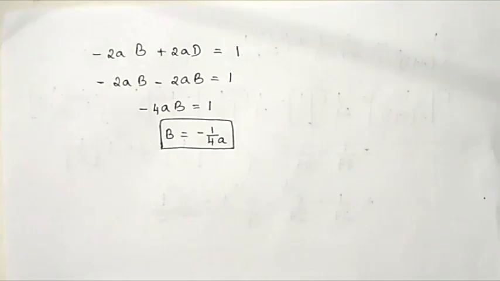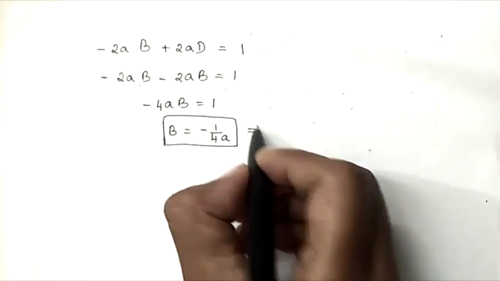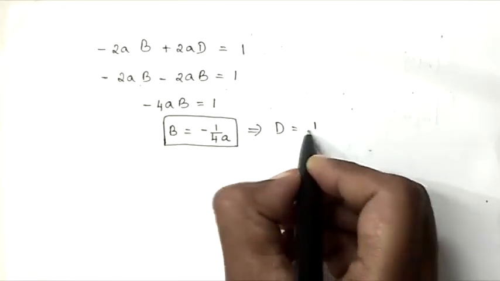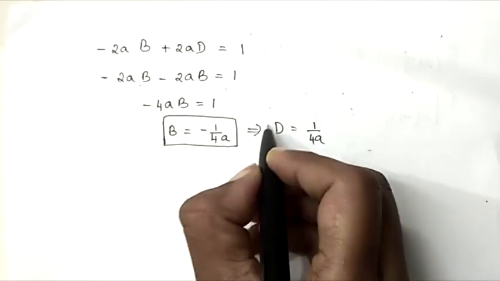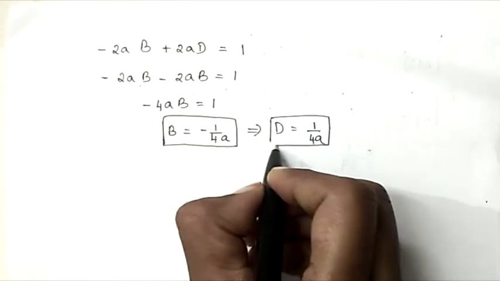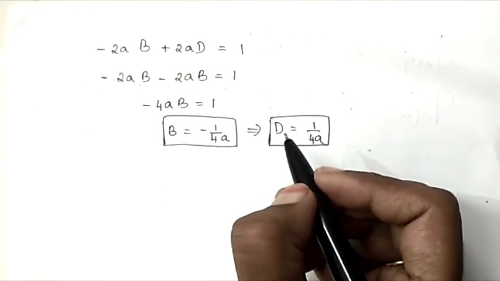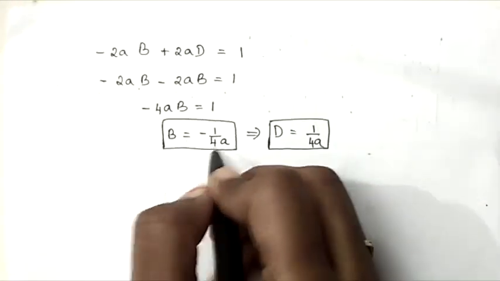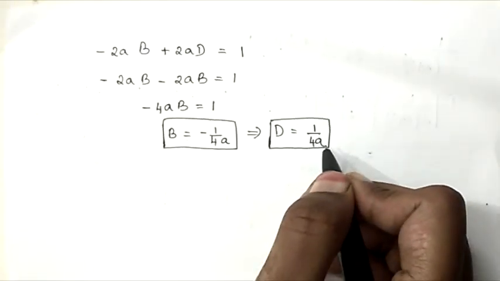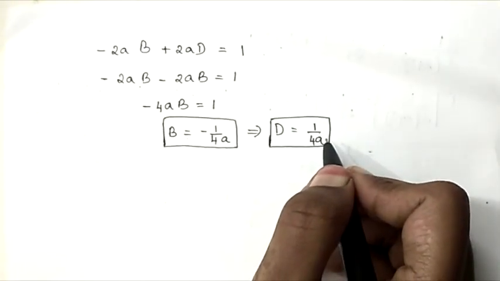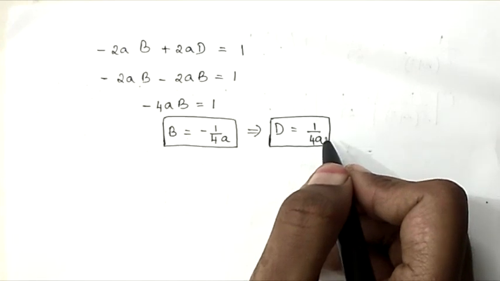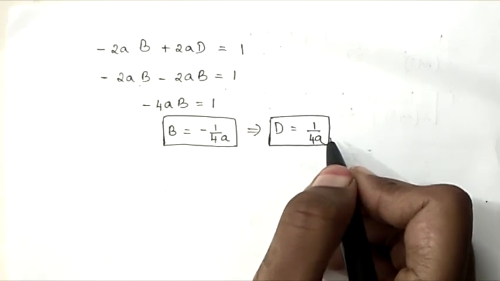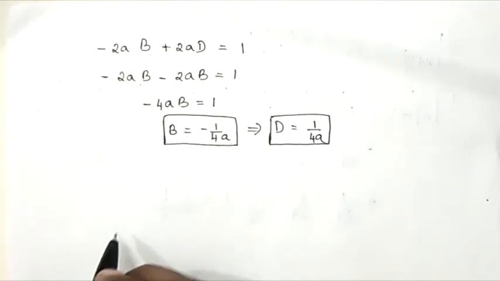If b is minus 1 by 4a, this should imply d is 1 by 4a, because d is negative of b. So we have found a, b, c and d values. A is 0, b is minus 1 by 4a, c is 0, d is 1 by 4a. We need to substitute all the values of a, b, c, d and find the inverse Laplace. So let us do that now.